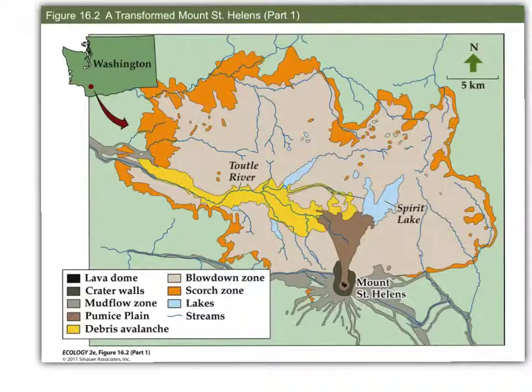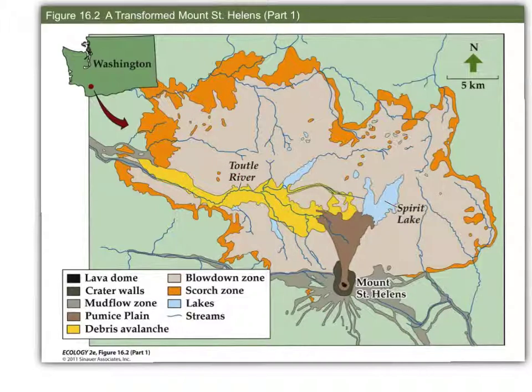This diagram shows the extent of the damage from the point of the initial eruption here, and then the places that were called the blowdown zone, just from the force of the explosion and a lot of the vegetation that was blown down. Scorch areas that were scorched by the lava flows.